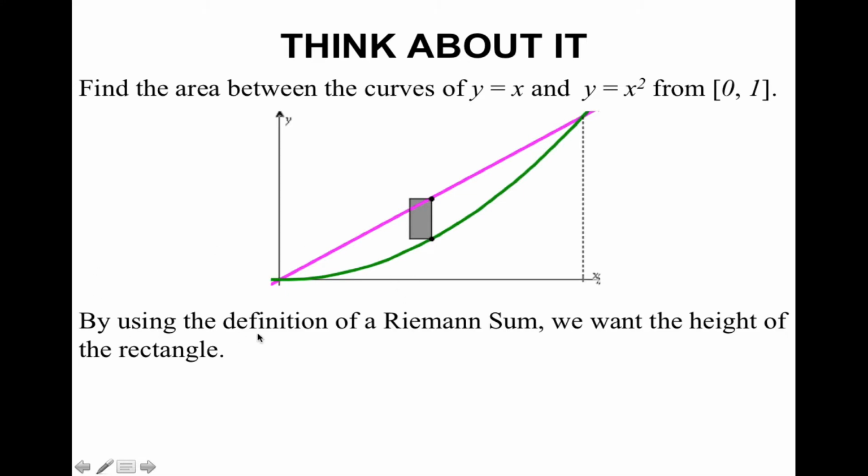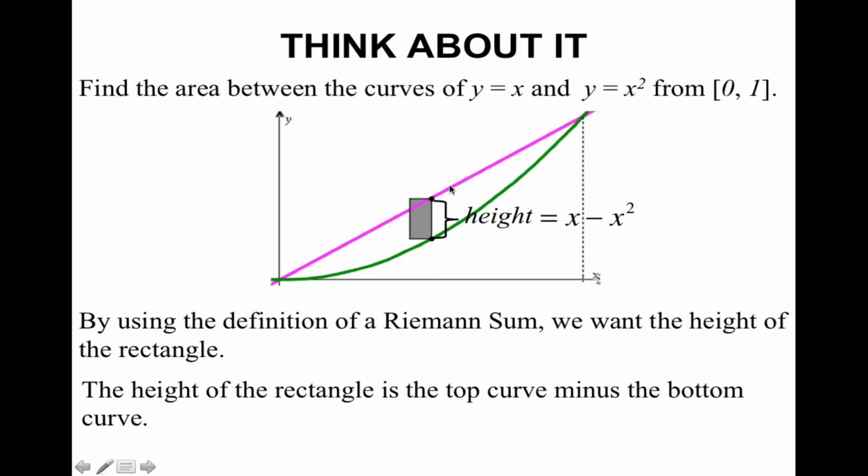So by using the definition of a Riemann sum, we want the height of this rectangle in order to find the area of it. So how would you find the height of this rectangle, where the height is, of course, between the pink and the green curve? Well, I hope you said you're going to take the top curve minus the bottom curve. So in this case, x minus x squared would give me the height of this rectangle.